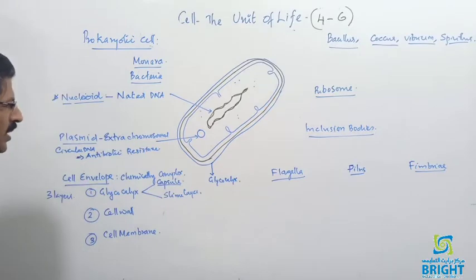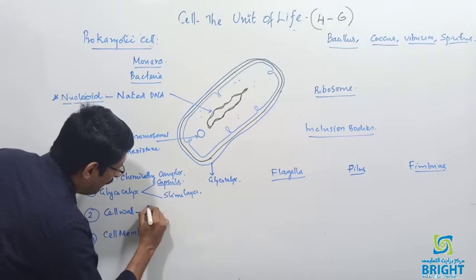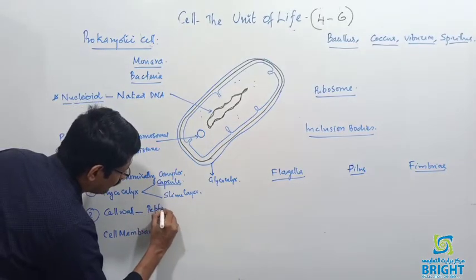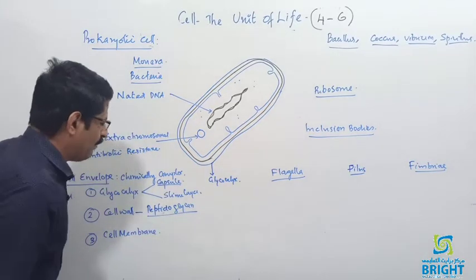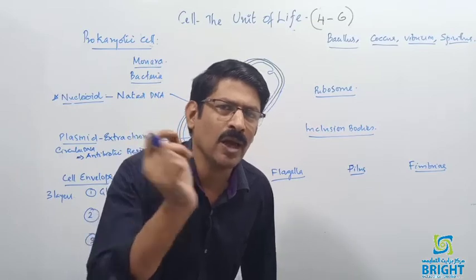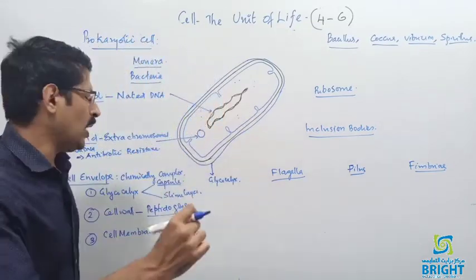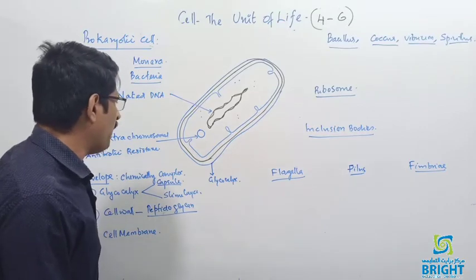So the outermost layer is glycocalyx, and the middle layer is the cell wall, and the cell wall is composed of peptidoglycan, that we have already discussed in the previous chapter. Peptidoglycan is composed of amino acids and polysaccharide. Murein or muramic acids are the major chemical component of the cell wall of bacteria.